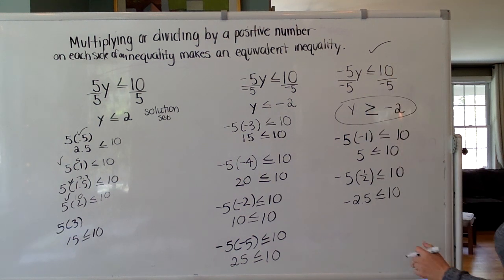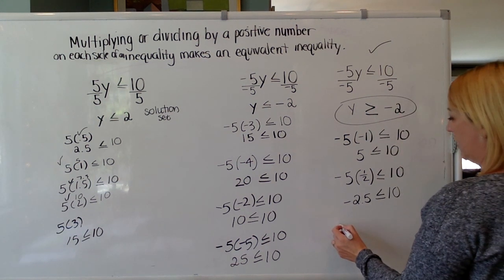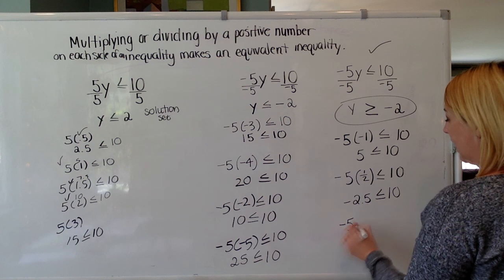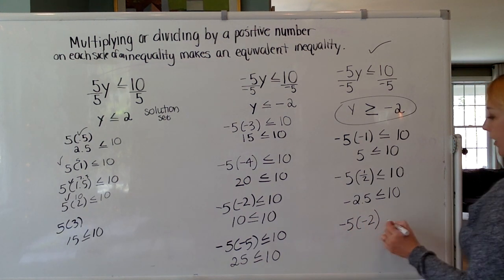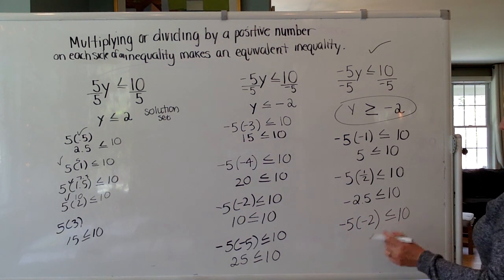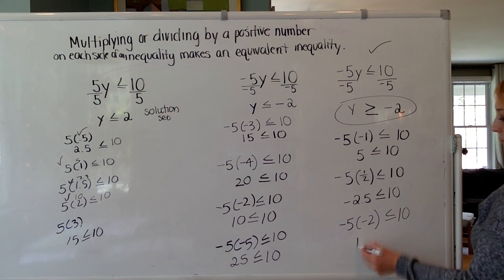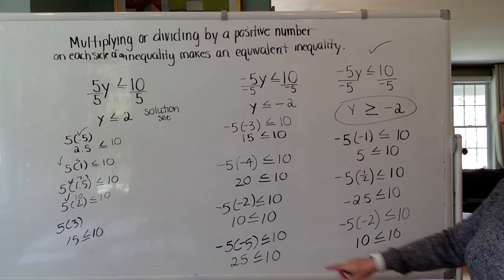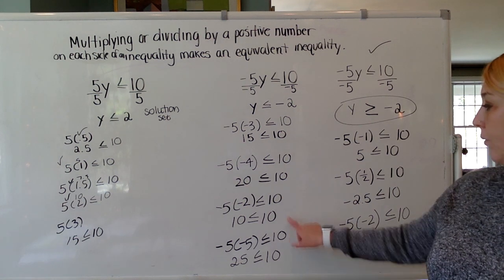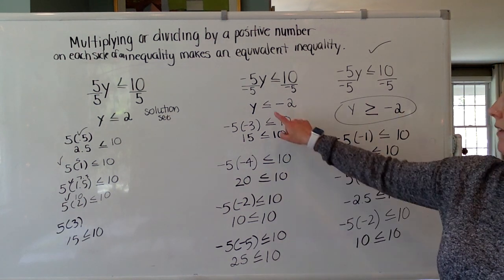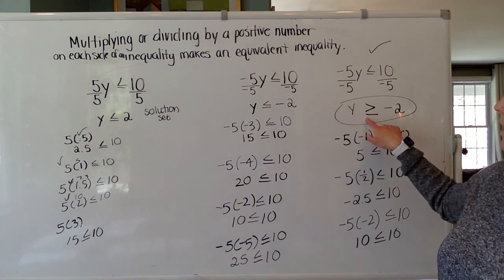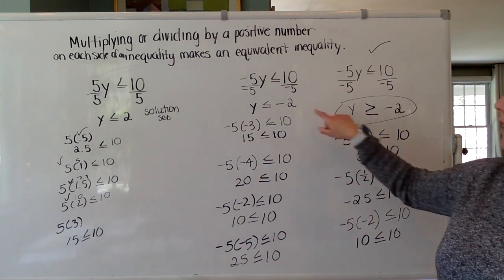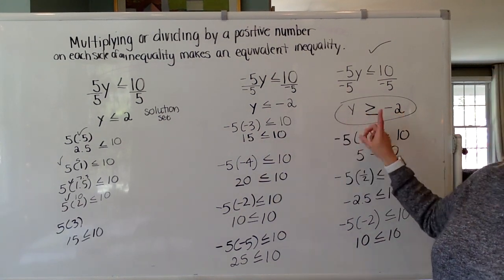So back up to this original one. What about if I did negative 5 times negative 2? Well, negative 5 times negative 2 is 10, and 10 is equal to 10. So that is why negative 2 worked in here, because of the equals line underneath. That was the only number that would have worked with this error.